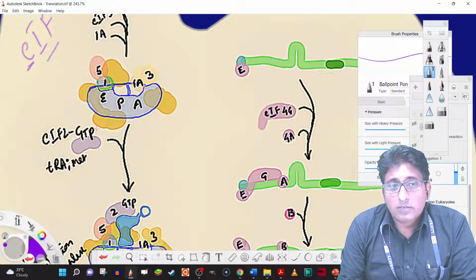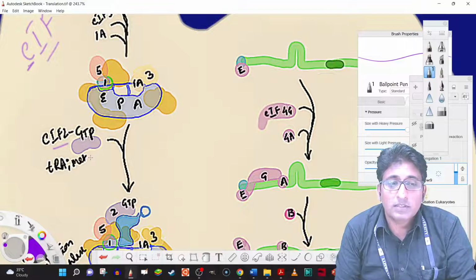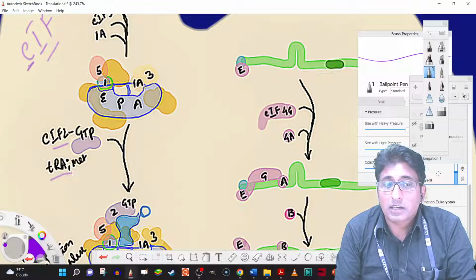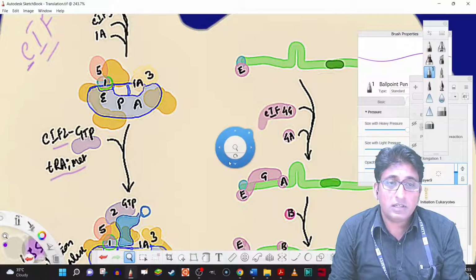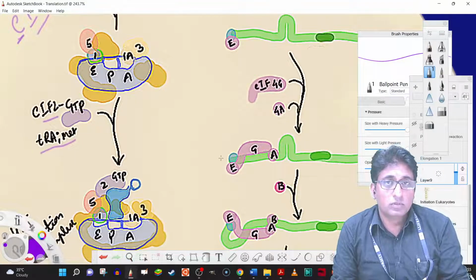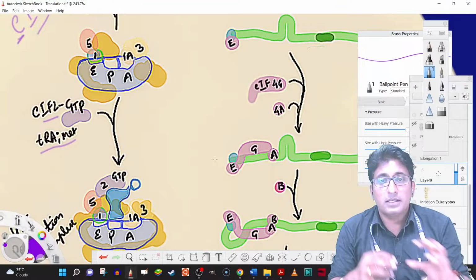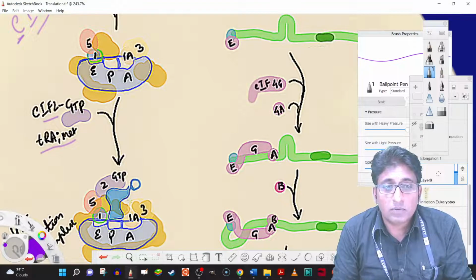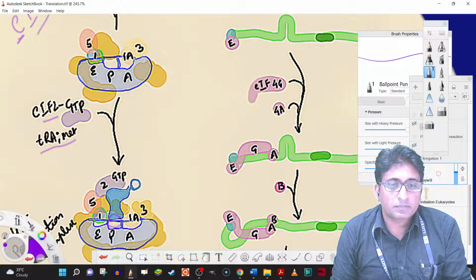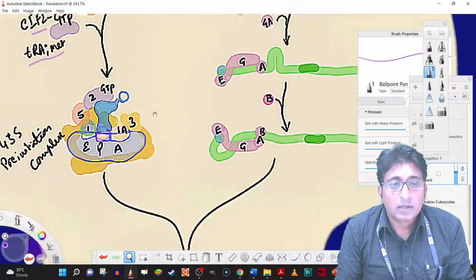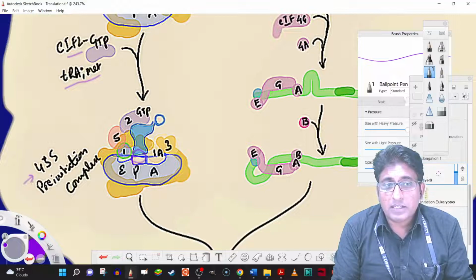So to it we have eIF2 along with GTP bound to it, and also the initiator tRNA together as a complex. The eIF2 in the active conformation, when it is bound to GTP, brings the initiator tRNA along with it and puts it near the P site, that's the peptidyl site of the small subunit, and that is what is called the 43S pre-initiation complex.